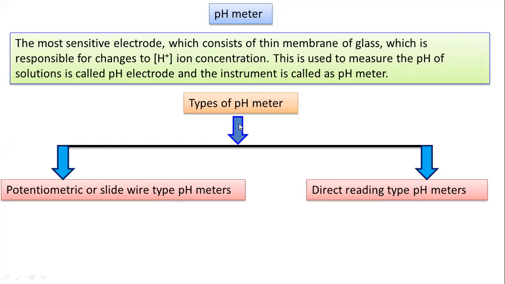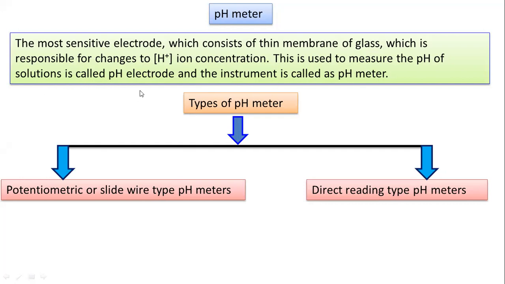So we'll go to the next topic, that is the pH meter, and the two main types of pH meter that are included in the syllabus. A pH meter consists of a most sensitive electrode, made of a thin membrane of glass, which is responsible for sensing change in hydrogen ion concentration. This is used to measure the pH of the solution.